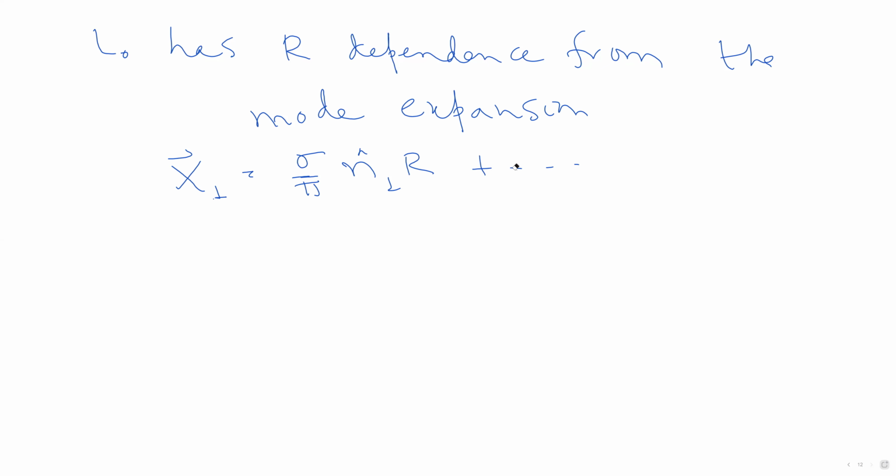This is what guarantees that at sigma equal to 0, X is 0, and at sigma equal to pi, X is n hat and sum. So there is a term like this, and this translates to L0 containing C0 R squared, plus some constants.